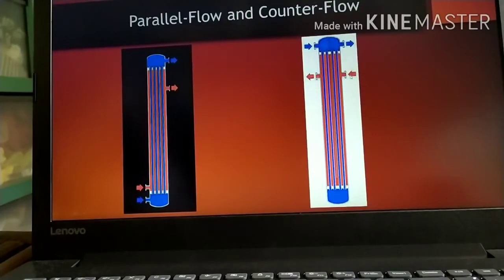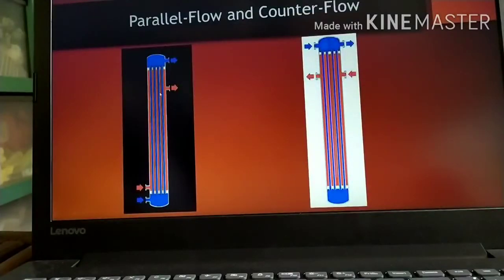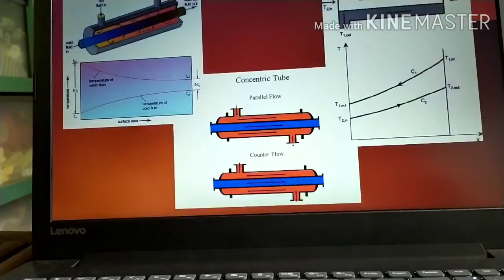The hot fluid enters here and exits there. So the large temperature difference at the ends causes large thermal stress. It has a large thermal difference which can cause damage to the heat exchanger.